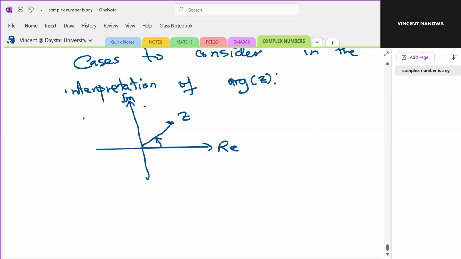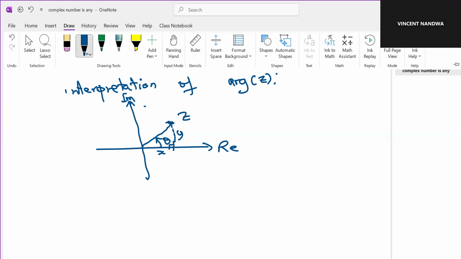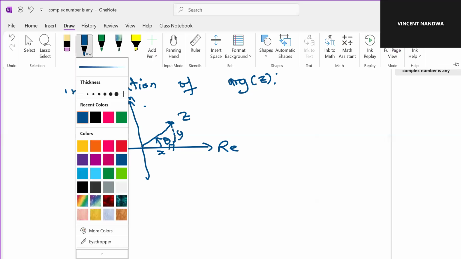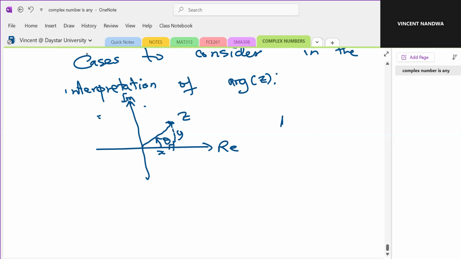So theta will be here. As usual, this is y, and then this is x. So it means that tan theta will be given by y over x, which means theta is tan inverse of y over x.